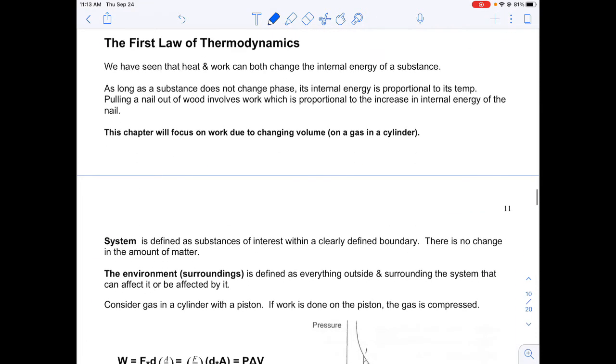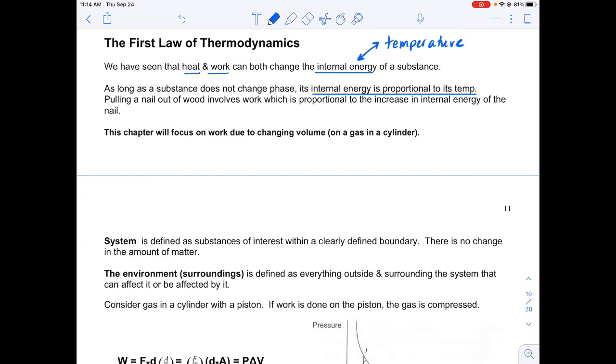Okay, so now we've seen that both heat and work can change the internal energy of a substance. And again, just a reminder, the internal energy is related directly to temperature. So I always want to have those two ideas linked in my head. As long as a substance does not change phase, the internal energy is proportional to the temperature.